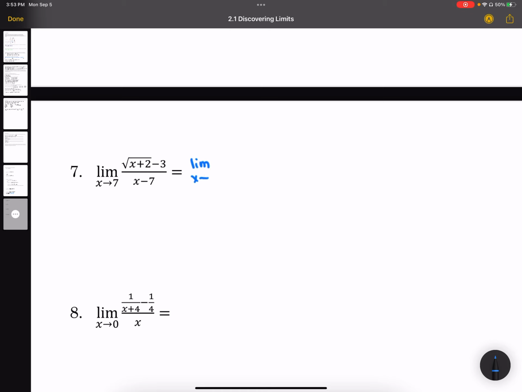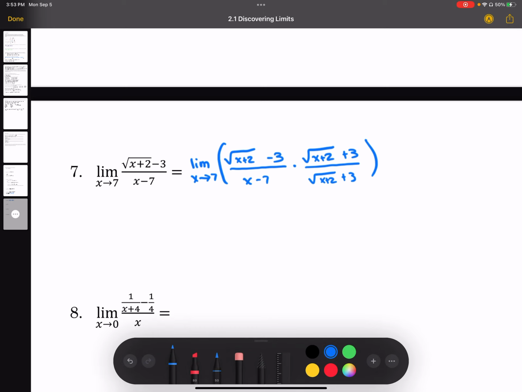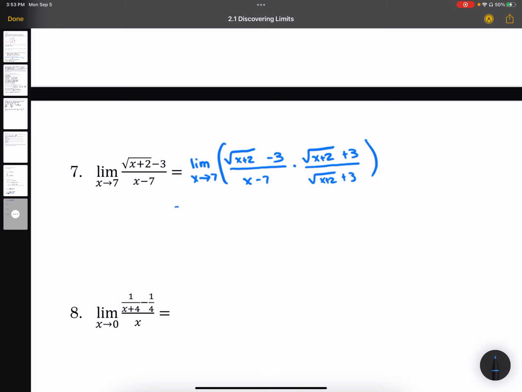So we get the limit as x approaches 7 of the square root of x plus 2 minus 3 divided by x minus 7 multiplied by the conjugate, which is the square root of x plus 2 plus 3 divided by the square root of x plus 2 plus 3. So we'll put all of this like so, and actually let's spread this out just a bit. So in our next step, again, keep the limit.